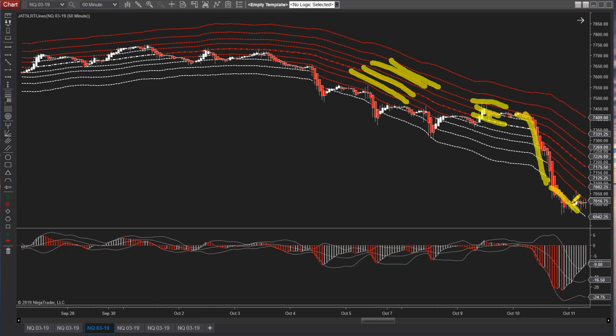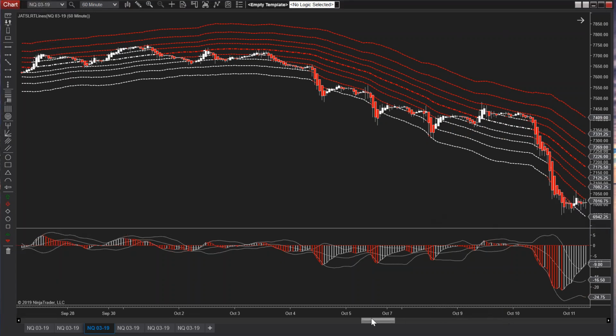I would not trade this bottom stuff because it's going to come back. But this is what we're trying to do when the bands contract for a directional trade. So that's like the golden goose.